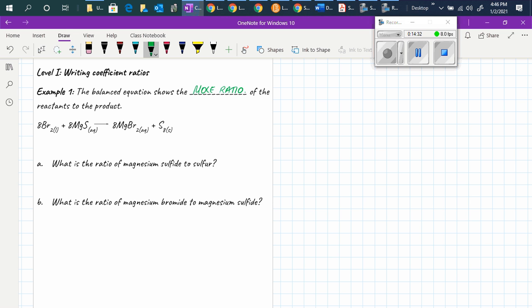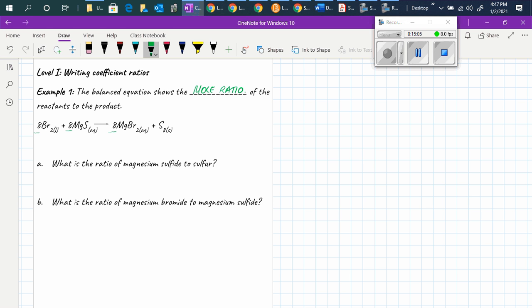Now let's suppose that we have this reaction here. So boron is reacting with magnesium sulfate to produce magnesium boron and sulfur gas. And this is a balanced equation because we have 16 boron, 16 on the other side, 8 magnesium, 8 sulfur. Now what are those numbers in front of the compounds?